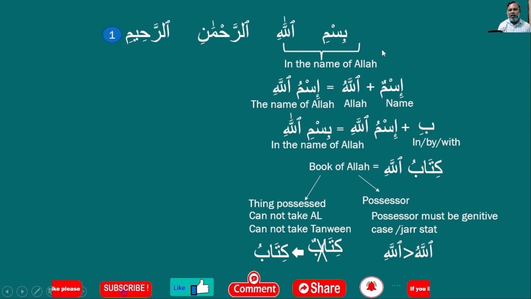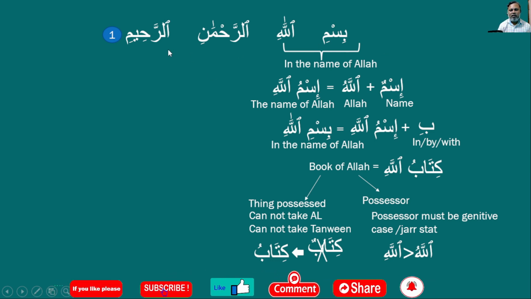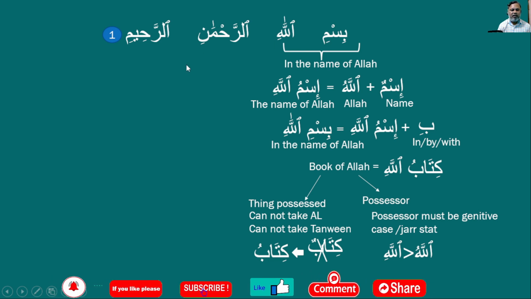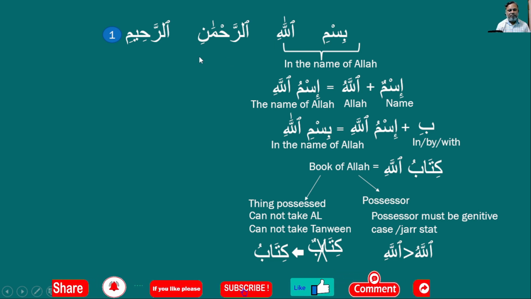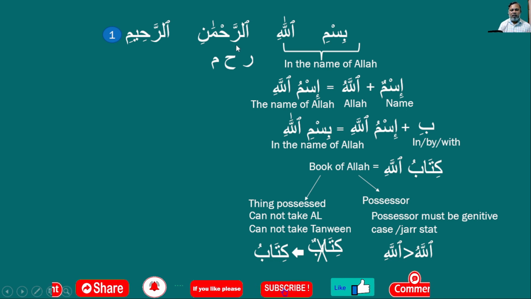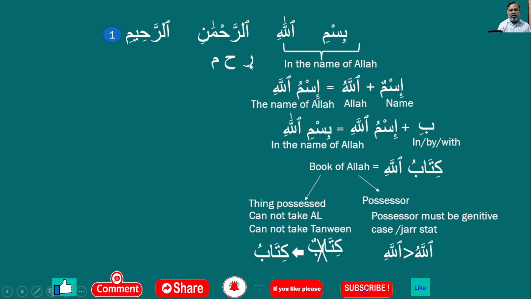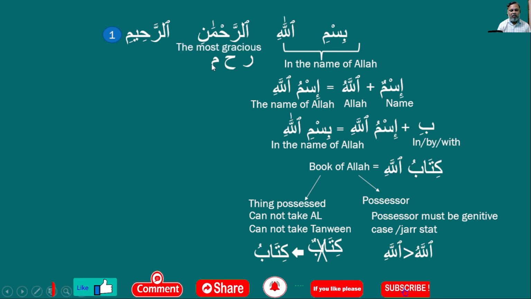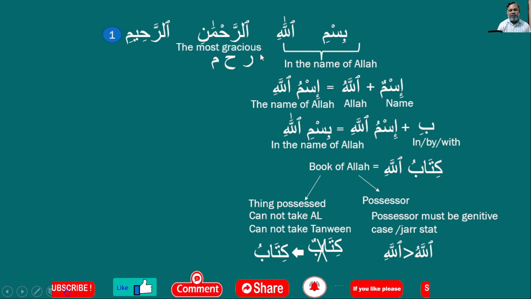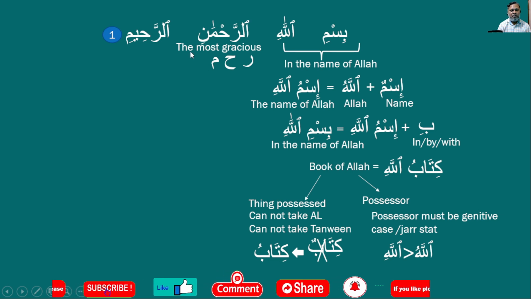Now Ar-Rahmanir Rahim. Bismillahir Rahmanir Rahim. This word Rahman has been derived from the three root letters Ra, Ha and Mim. It means most gracious, Ar-Rahman.